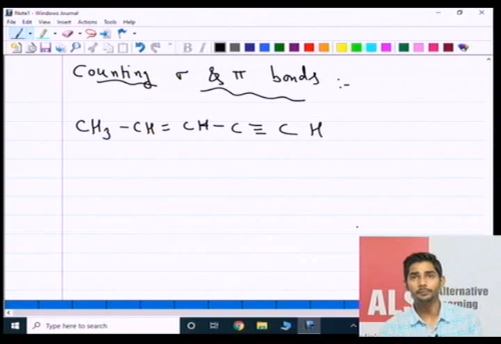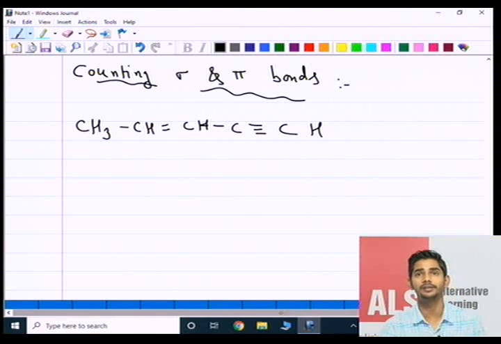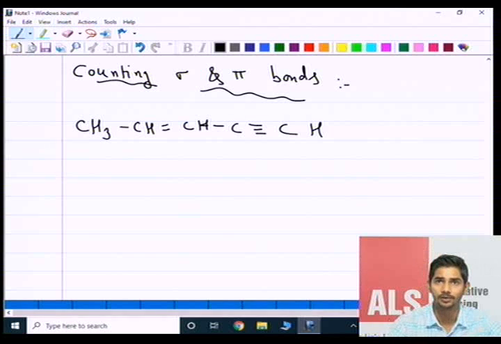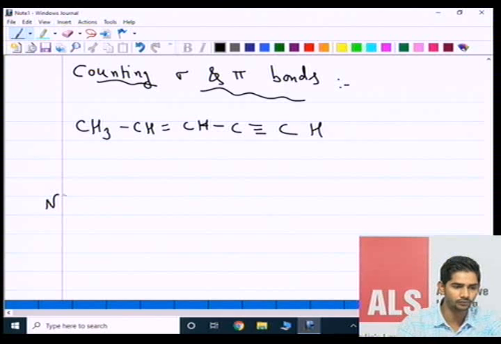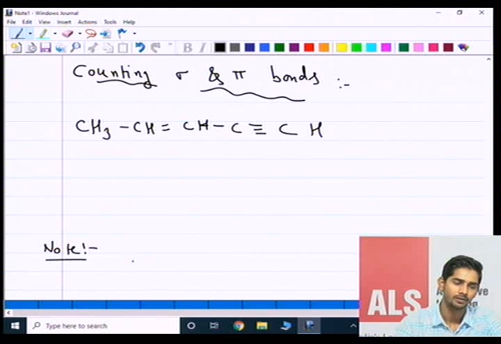Guys, first of all, make it clear that whenever there is a single bond, it means sigma bond. You can make note of this one. Whenever there is a single bond, it is sigma.